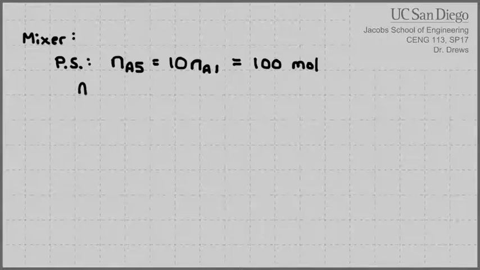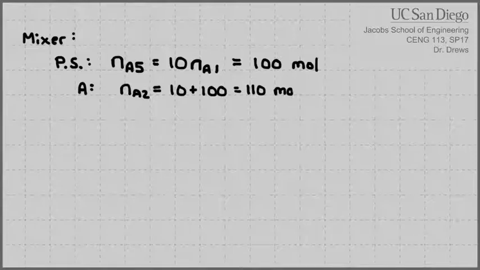If we look at a material balance on species A, we know that the moles of A in stream 2 is just equal to the sum of those in 5 and 1. So that would be 10 in stream 1 and 100 in stream 5. So we've got 110 moles of A coming in. That's coming into our reactor, that's coming out of our mixer.